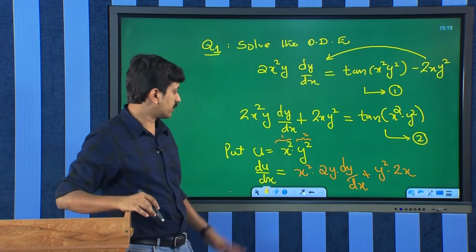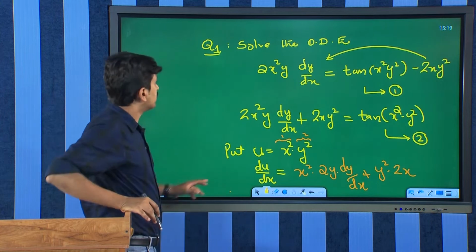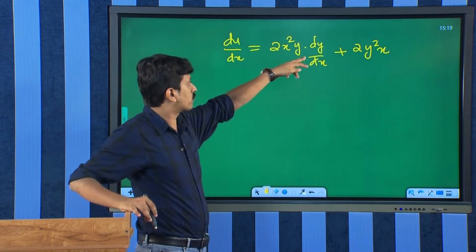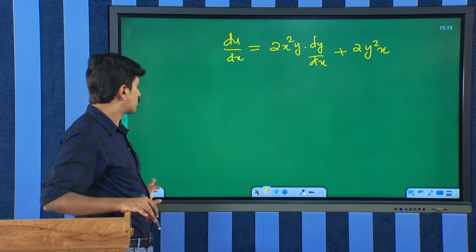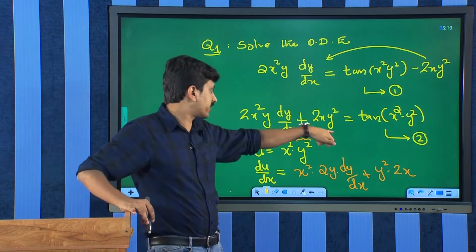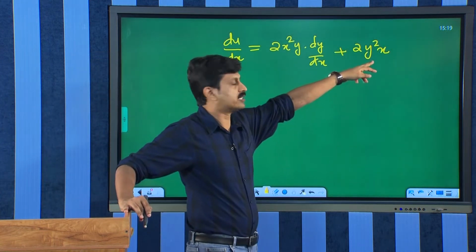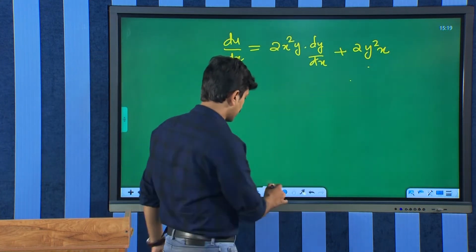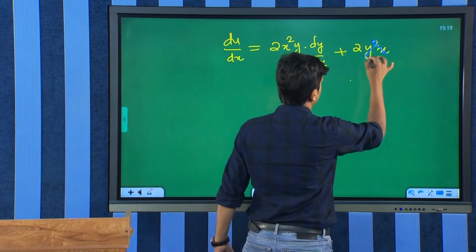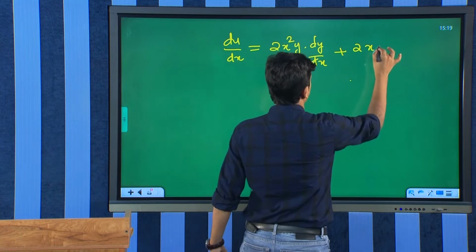Therefore, the same 2x square y dy by dx plus 2xy square appears here, which is equal to 2xy square.